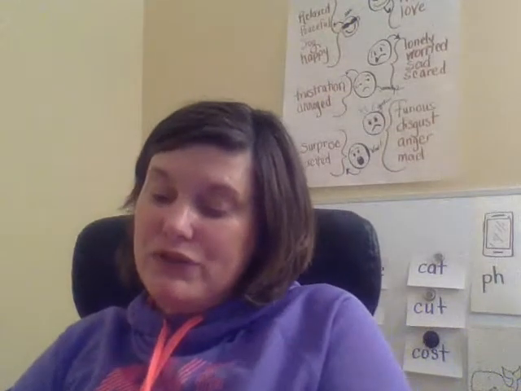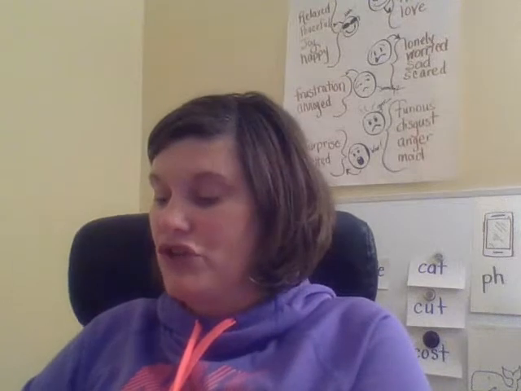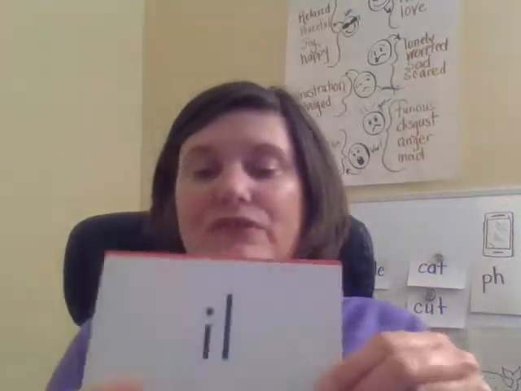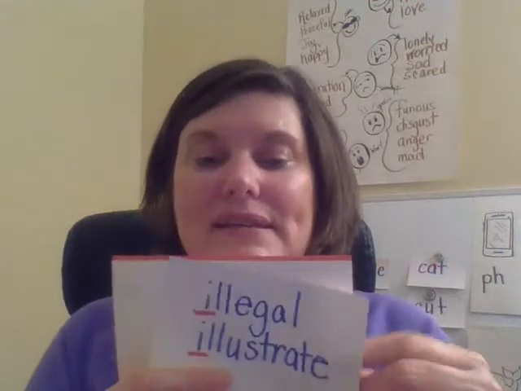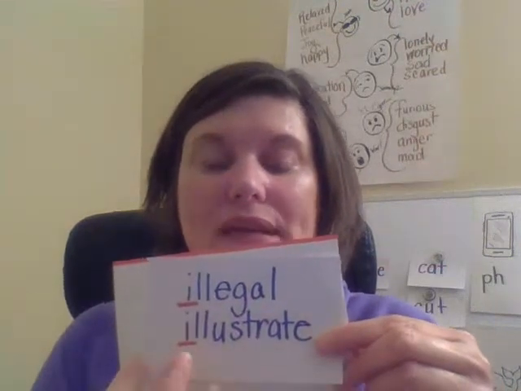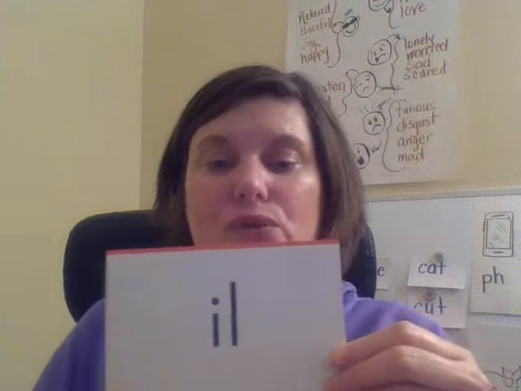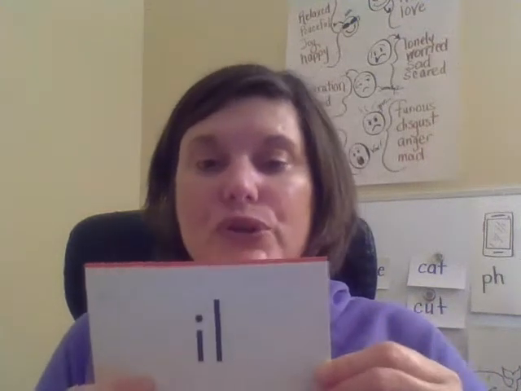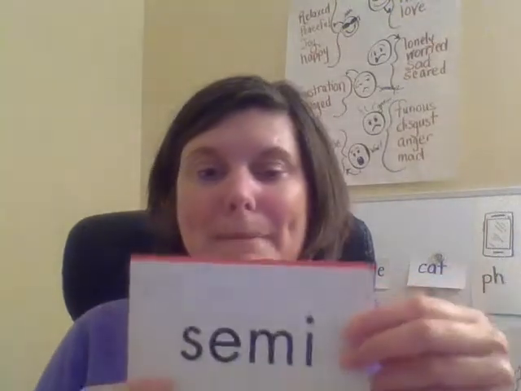All right, I have a couple of new sight syllables to introduce you to. The first one is ill, okay? Such as in illegal, illustrate. So together, ill. Your turn. Good. Okay. All right. My turn.